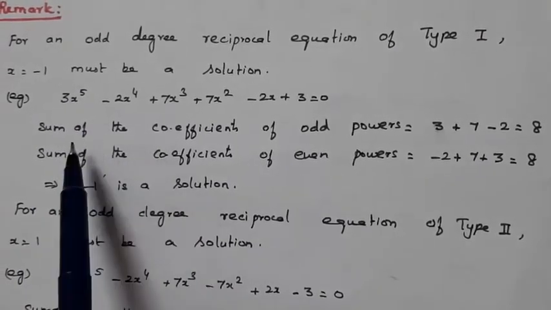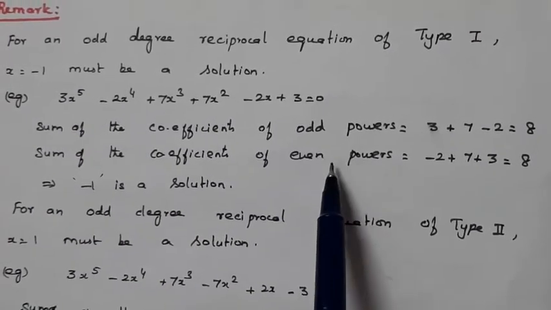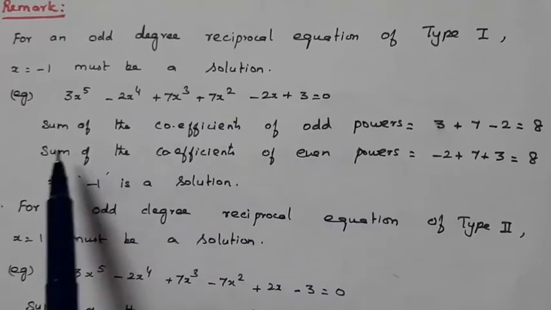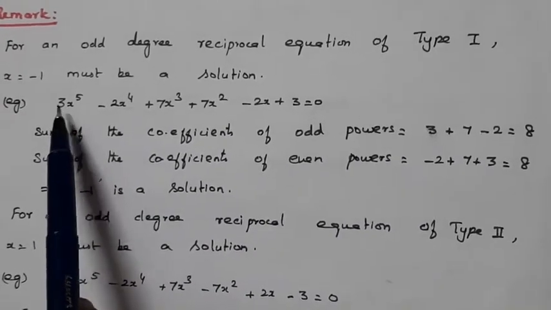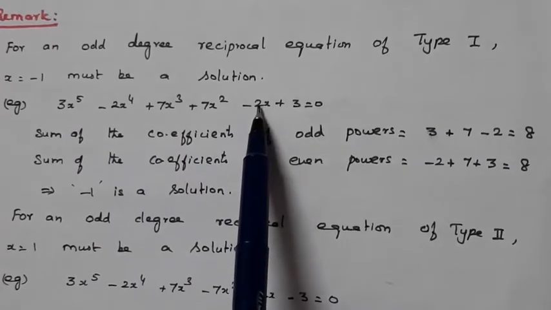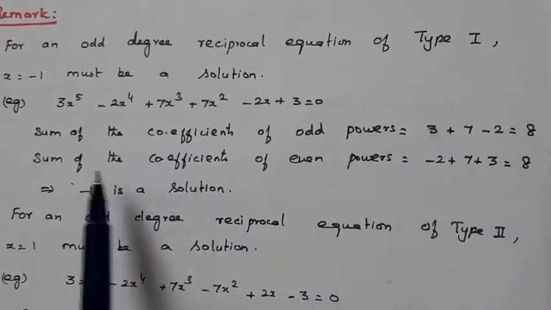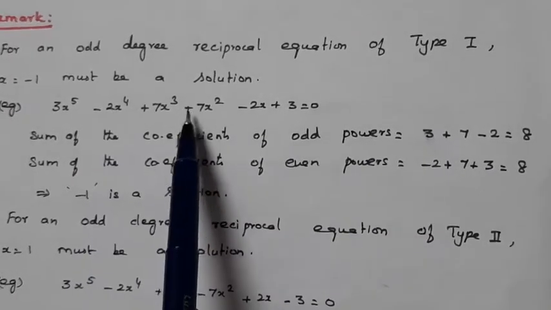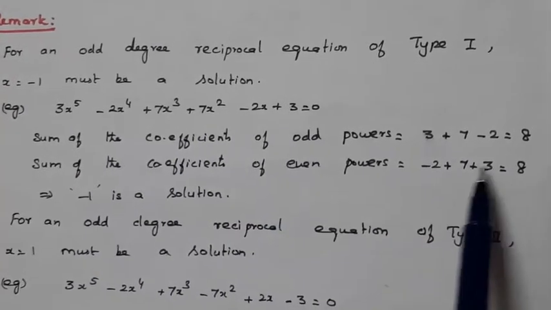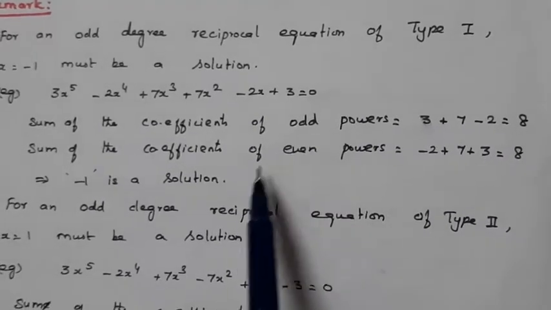When the sums of the coefficients of odd powers and even powers are equal. Let us check. The sum of the coefficients of odd powers is 3 plus 7 and -2, which is equal to 8. The sum of the coefficients of even powers is -2 plus 7 and 3, which is also equal to 8. So they are equal.